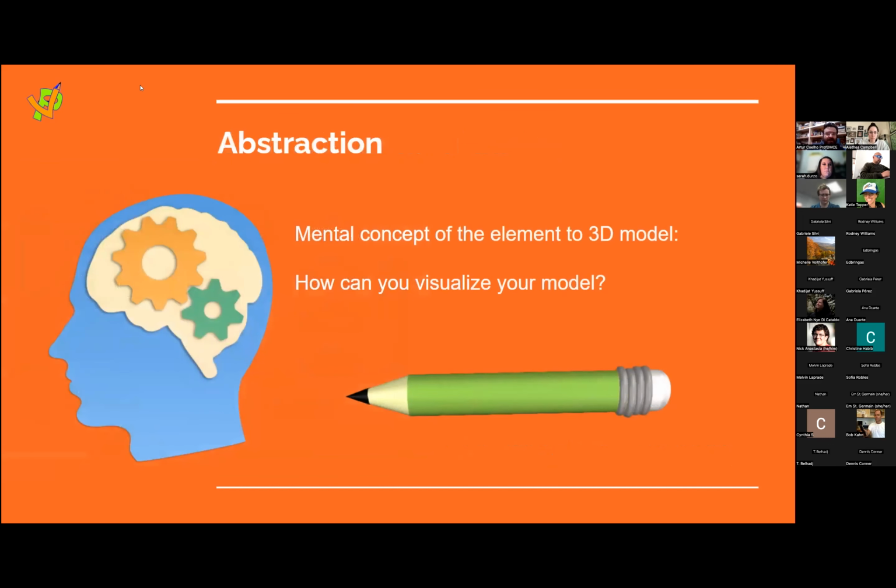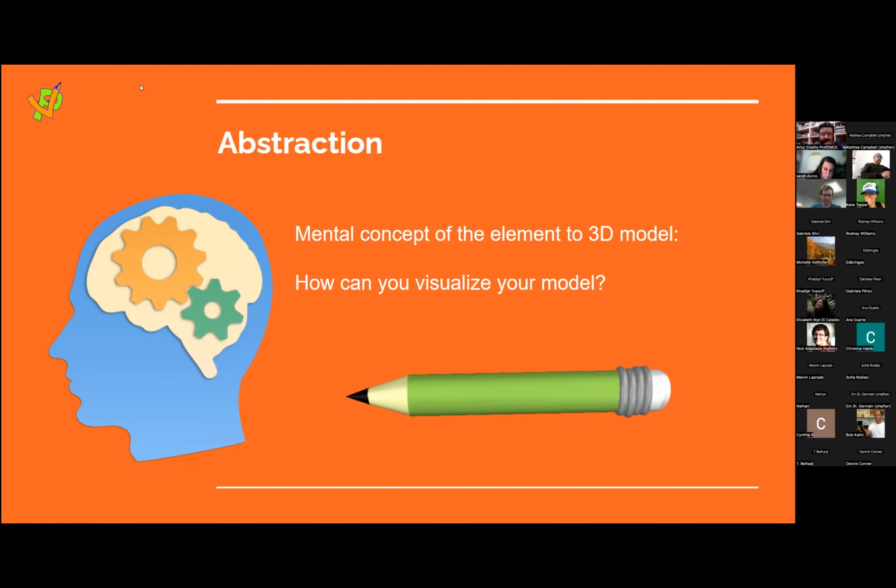So, one of the very first concepts of computational thinking is the idea of abstraction. And from then on, we have to think every time a child or a student, or even some of us, has to create something in 3D, the very first thing that they have to do is to create a mental concept, to visualize inside their minds, inside their head, their modeling, what they have to do.